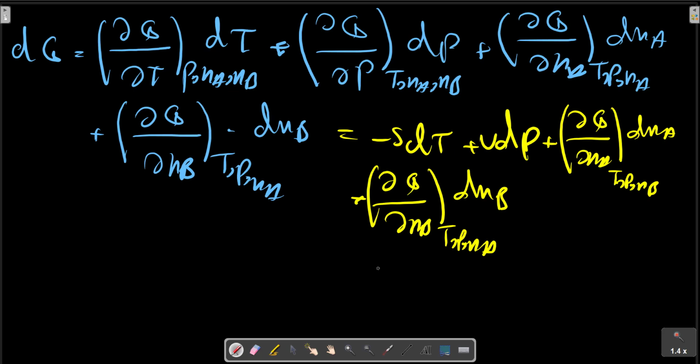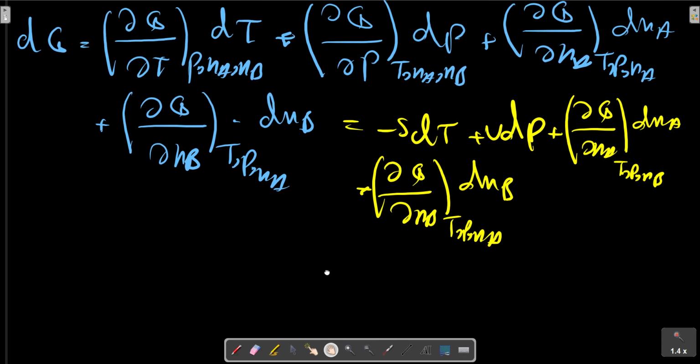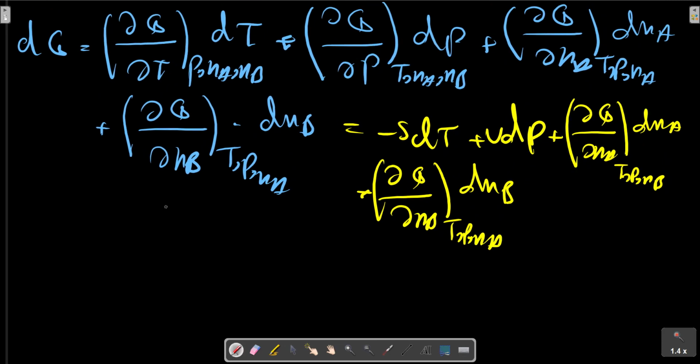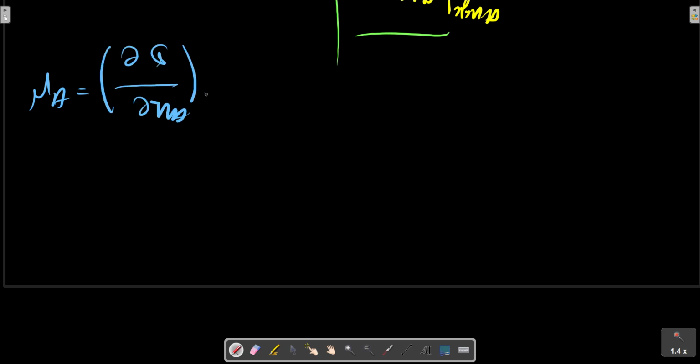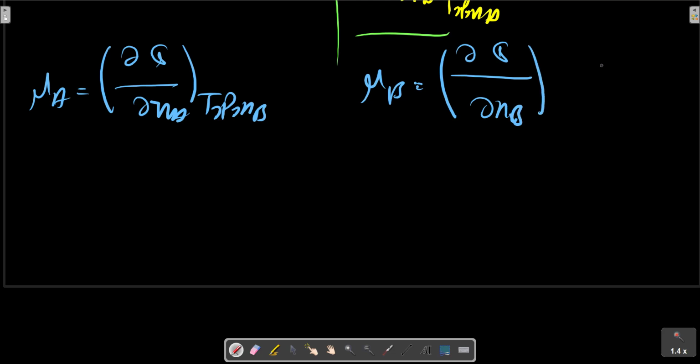When these equations are compared with each other, we can find μA and μB as these two relations: μA equals ∂G/∂NA at T, P, NB, and μB equals ∂G/∂NB at T, P, NA.